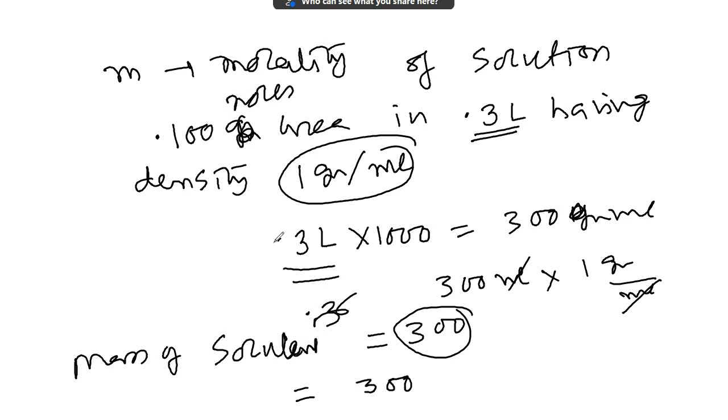So from 0.1 moles of urea you have to find out the mass of the solute. In the question they have asked: 0.1 mole of urea is dissolved in 0.3 liter of the solution having density 1 gram per ml. You have to find out the molality of the solution.